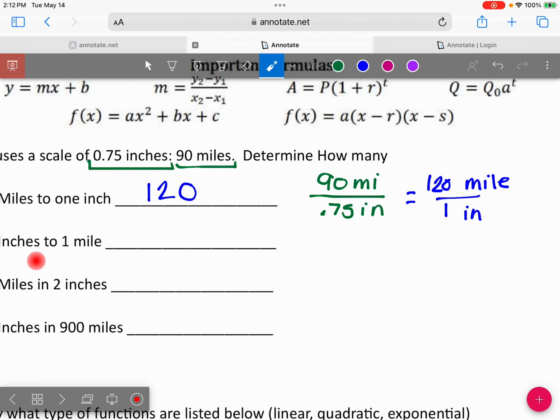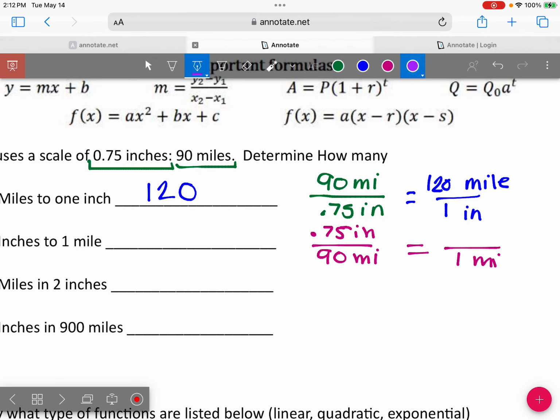So if I want inches to mile, we're just going to flip it upside down. I want to know if 0.75 inches represents 90 miles, how many inches are going to be 1 mile. So we're going to flip it upside down.